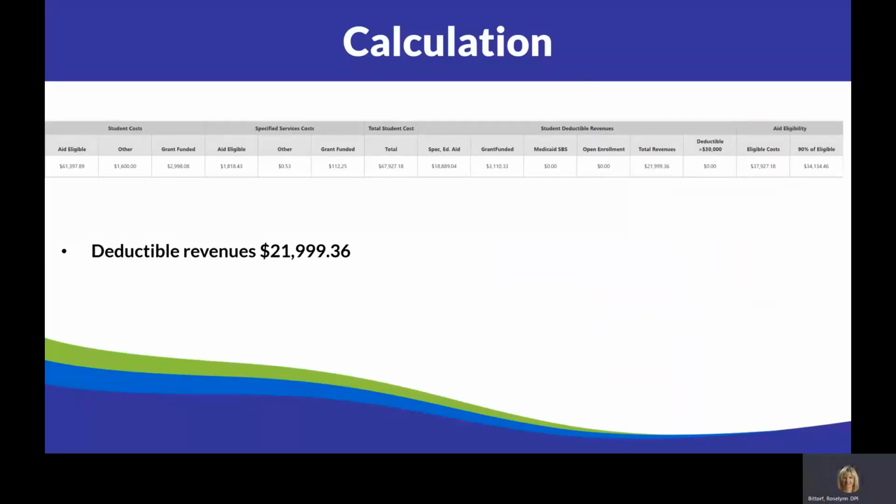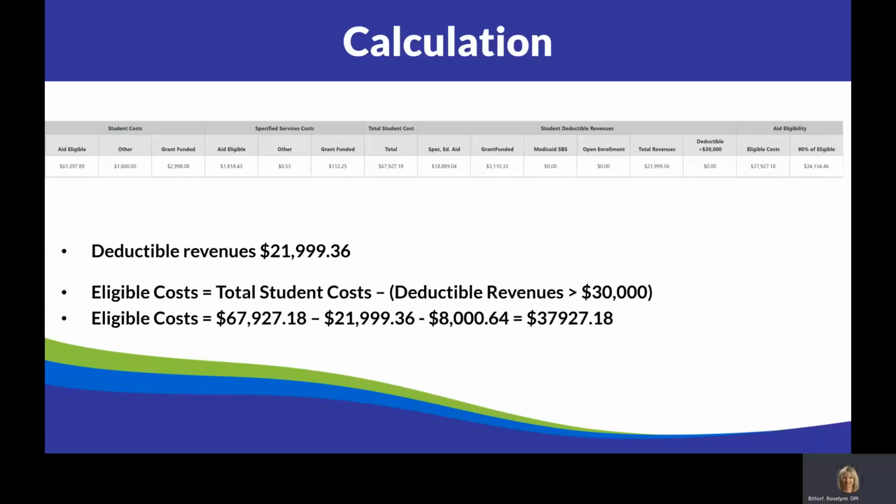So going back to our student that we entered together, you see the deductible revenues total $21,999.36. Since this student's revenue did not total 30,000, we need to meet that 30,000 by pulling the difference out of the eligible cost, which is $8,000.64.